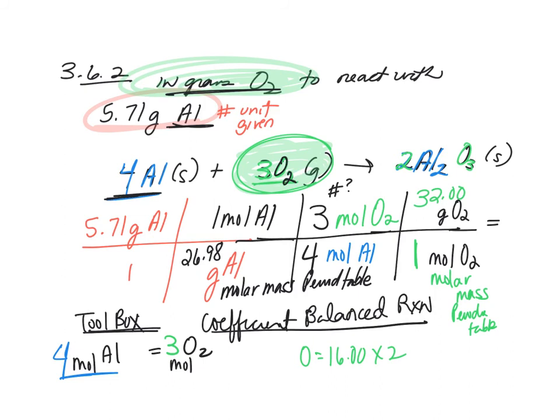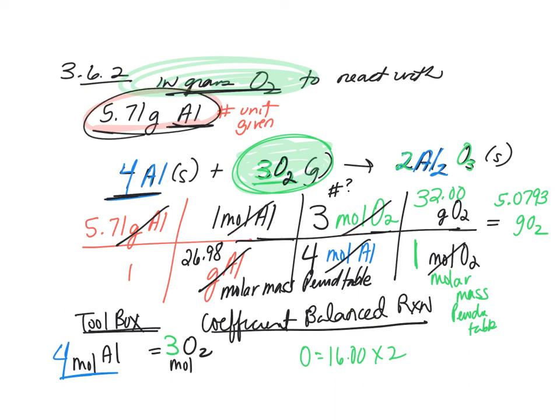Now you can do 5.71 divided by 26.98 times 3 divided by 4 times 32. And that is 5.0793 grams of oxygen. This cancels out, this cancels out, this cancels out.